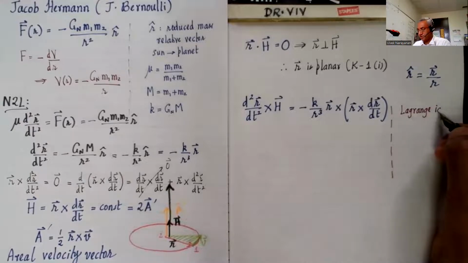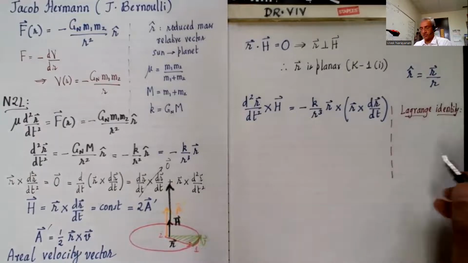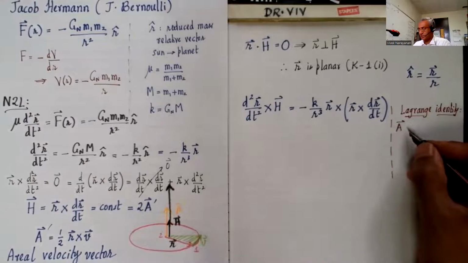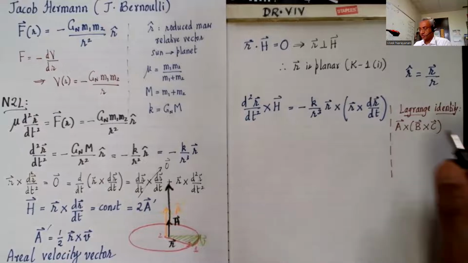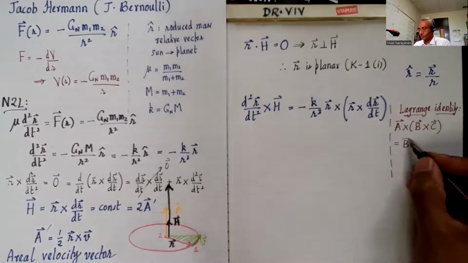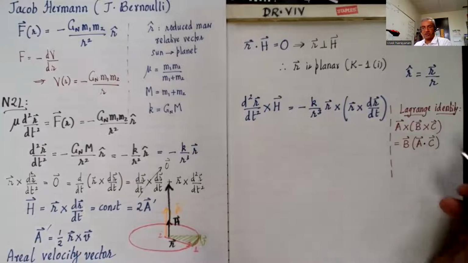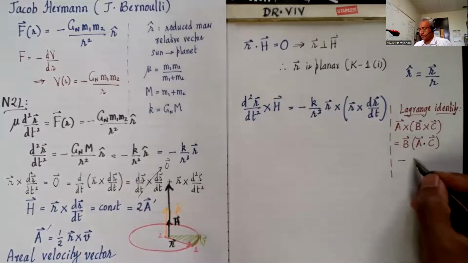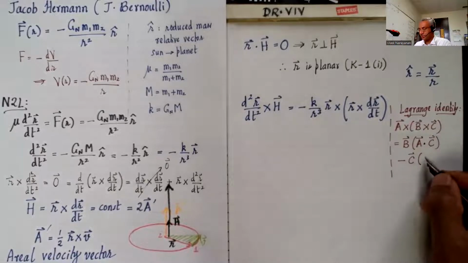In one of the earlier videos, we looked at this identity. So I'll just remind you of it. It says that when you have A cross B cross C, this is none other than the middle vector times the dot product of the other two vectors minus the last vector times the dot product of the other two vectors.